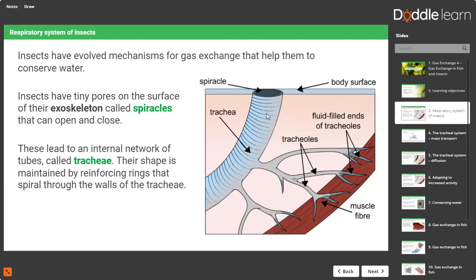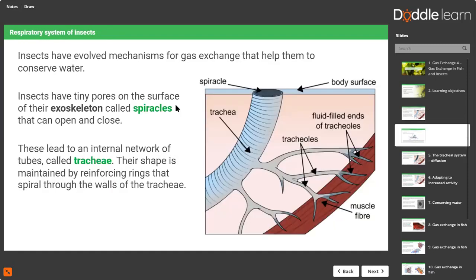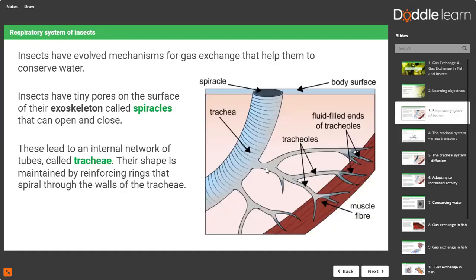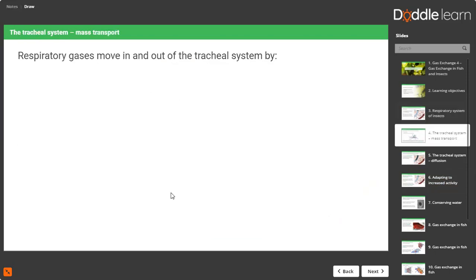Their shape is maintained by reinforcing rings that spiral through the walls of the trachea. Again, you can start to see some similarities. The trachea then will branch off into tracheoles, and these fluid-filled ends of tracheoles attach here to muscle fibers.